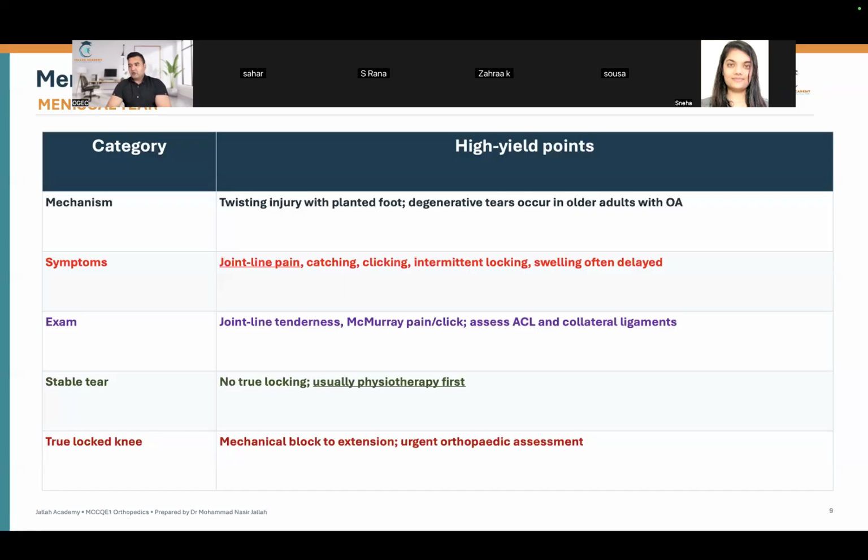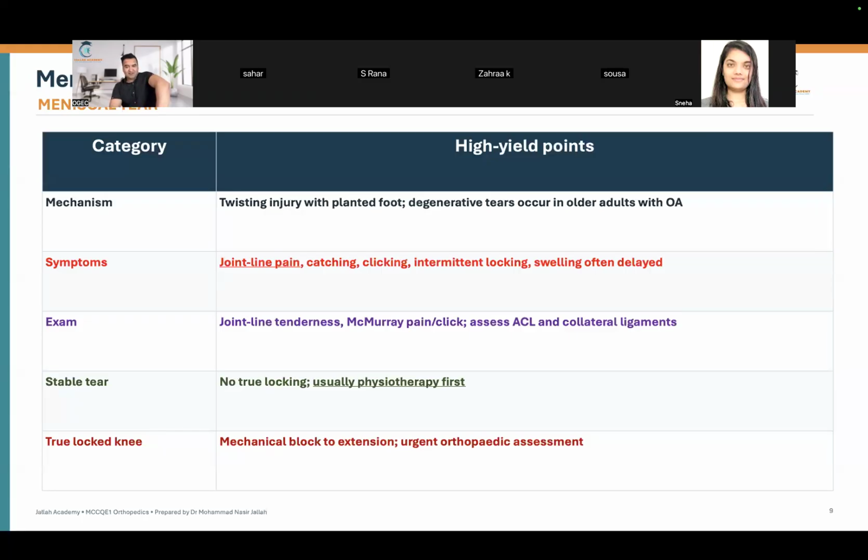Okay, so meniscal tear, the category in terms of mechanism, is a twisting injury with a planted foot. Let's say you're running, playing as a soccer player, and your foot gets stuck, so it is planted. The foot is not moving, but you're getting a twist from above.